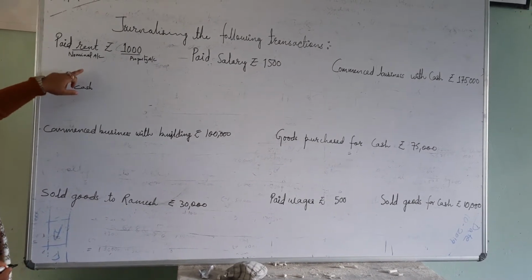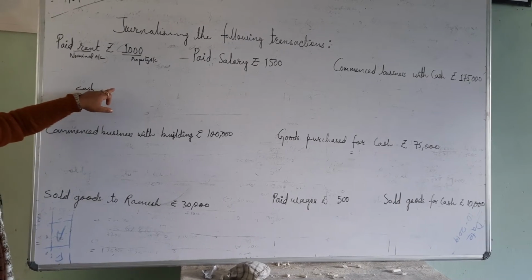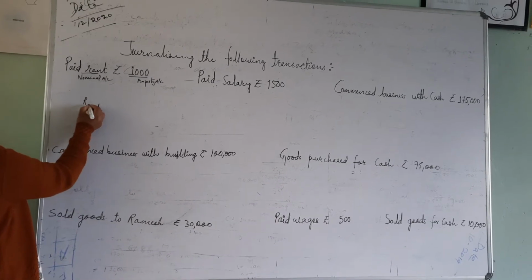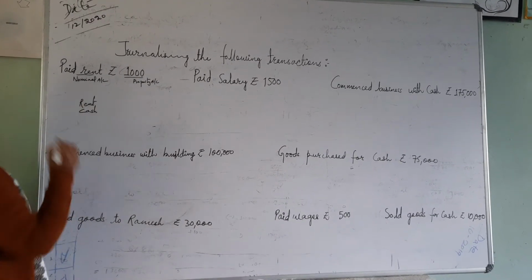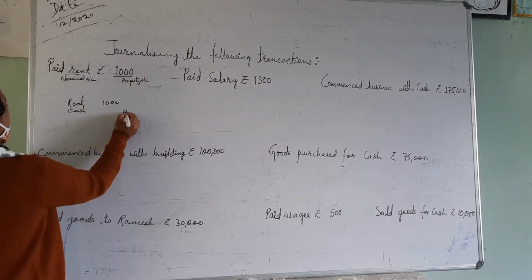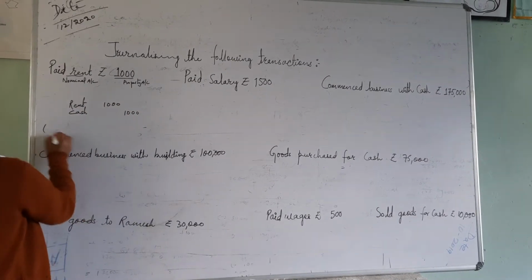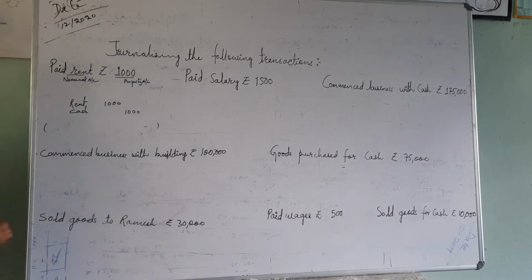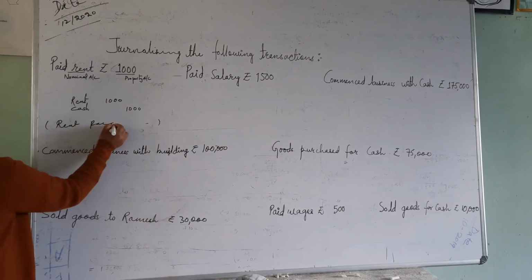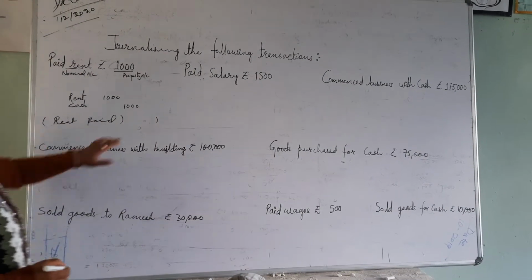Expenses will come in the debit. Debit means first line. So we write here rent. Understood? The amount of rent is 1000 and cash is also 1000. So we'll be giving the narration here: rent paid.